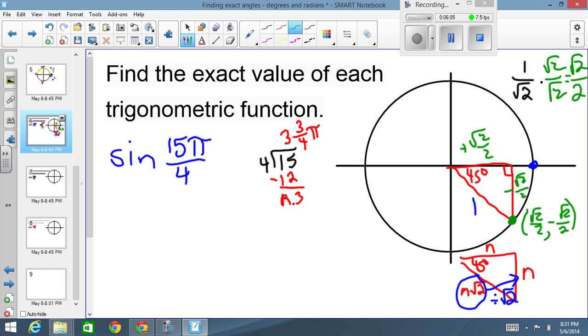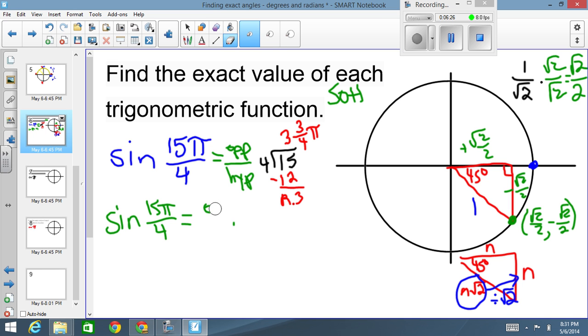Alright, so they want me to do sine, the sine of 15 pi over 4. Now I know that sine, because of our friend SOHCAHTOA, is opposite over hypotenuse. Alright, as I go back over here and I look at the angle of which I'm talking about, I'm looking at this 45 right here. The opposite side from that 45-degree angle is negative radical 2 over 2.